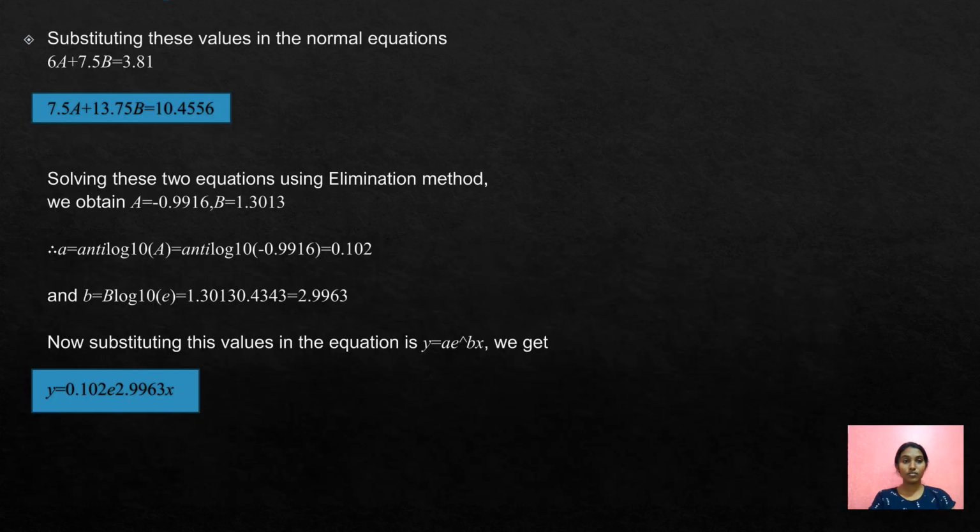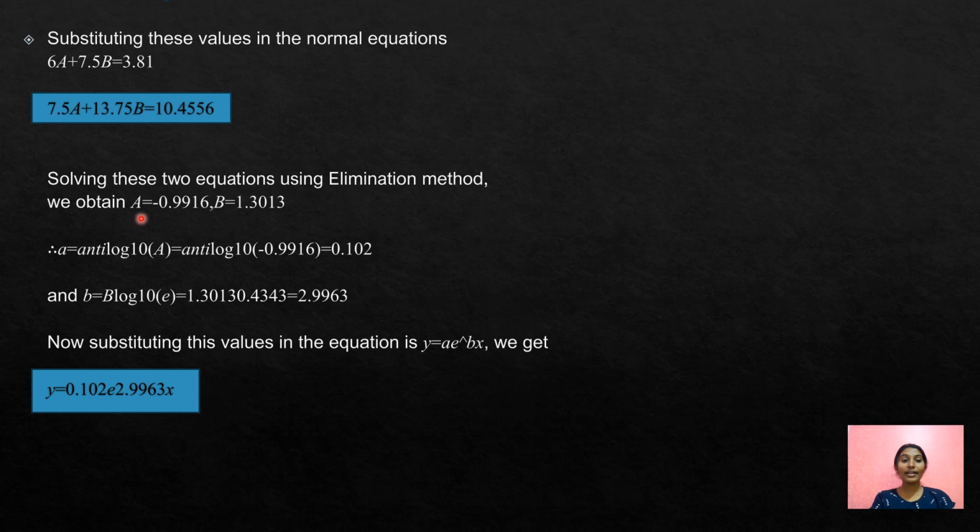Now let's see the solution after substituting these values in the normal equations. In the first normal equation we get 6a plus 7.5b is equal to 3.81, and in the second normal equation we get 7.5a plus 13.75b is equal to 10.4556. After solving these two equations using the elimination method, we get a is equal to minus 0.9916 and b is equal to 1.3013.